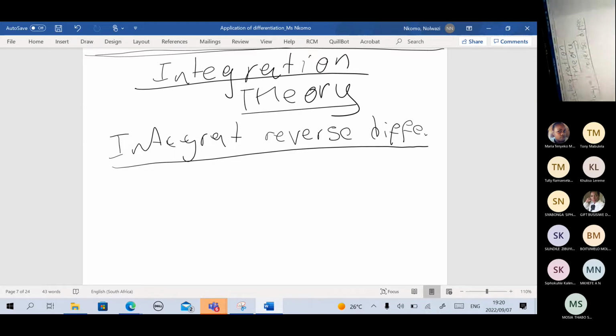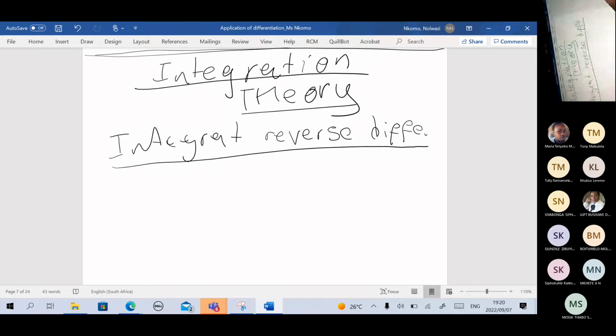And multiplication is the reverse of division. If you were subtracting and you want to go back to that same amount, you need to add what you subtracted before. And if you multiplied something and you want to go back to its initial state, you need to divide, because division is the reverse process of multiplication, right?